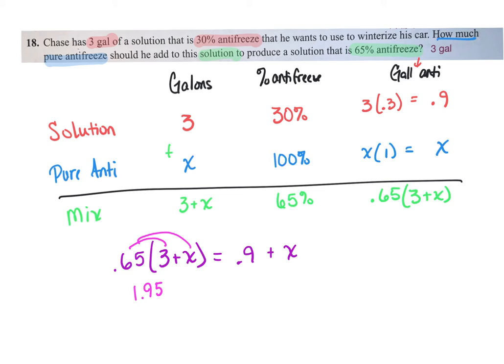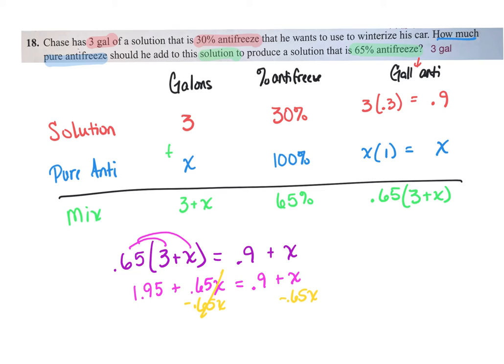Hopefully 1.95. Plus 0.65 times x is just 0.65x. 0.9 plus x. Move your variables to one side, your numbers to the other. So I'm actually going to move it over here so I don't have to deal with negatives.